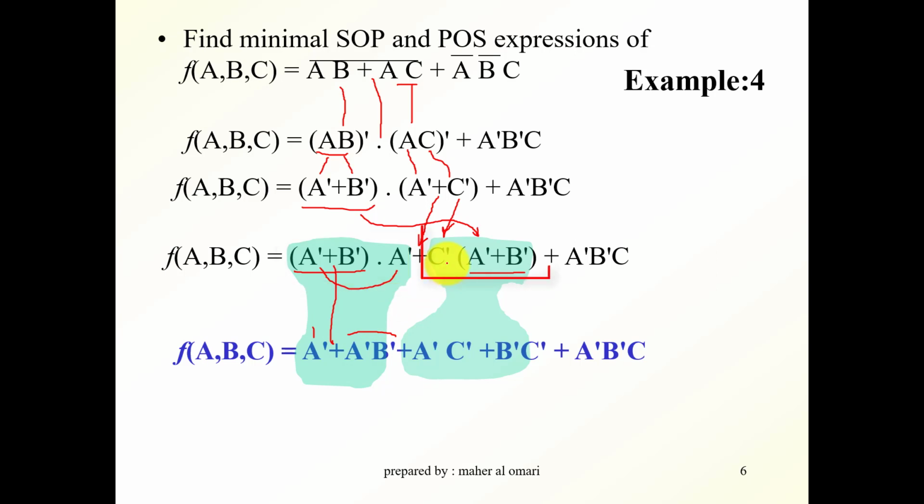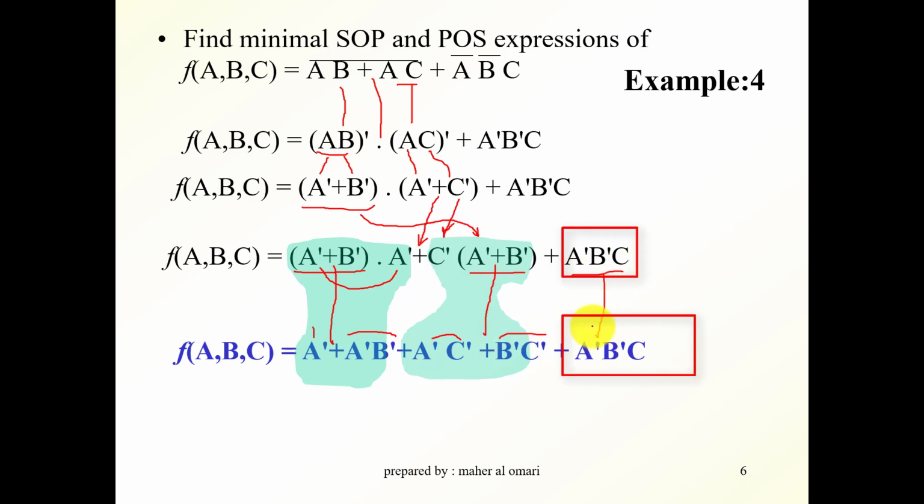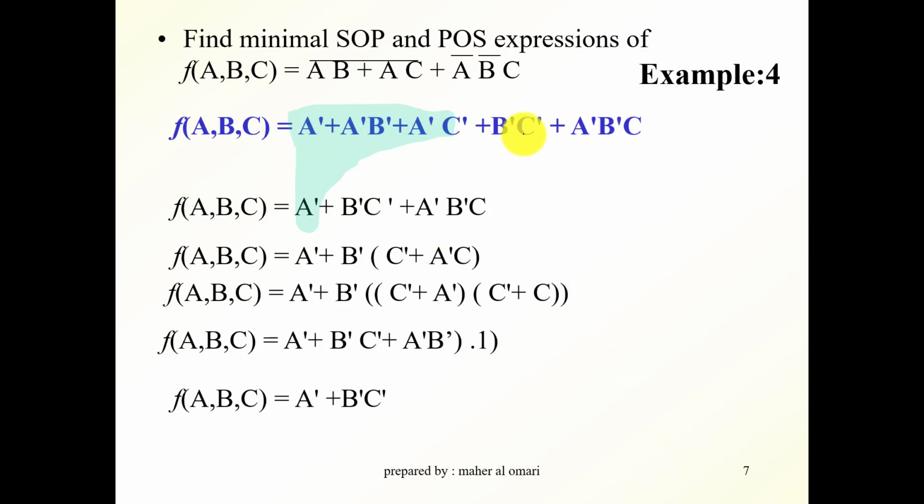It's A bar C bar ORed with C bar B bar, which is this, and this one here goes down the same. Now these three terms here have A bar, A bar, and A bar. So the OR of these together will be an A bar. And this here goes down, and this here goes down.